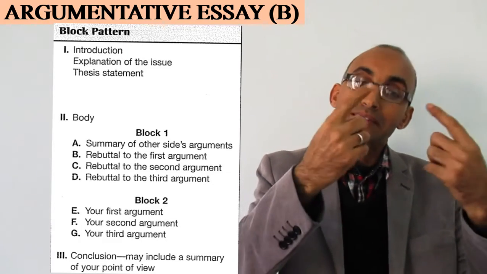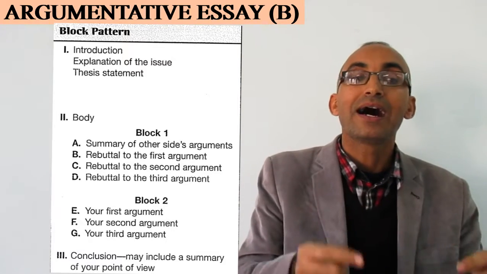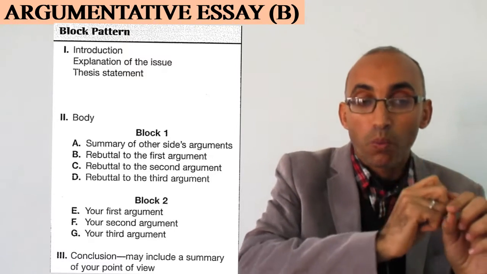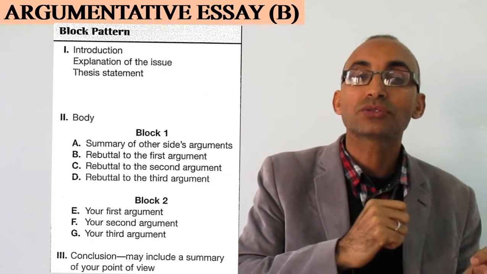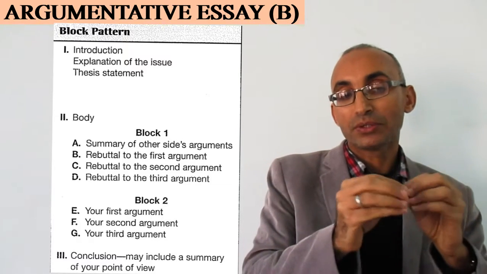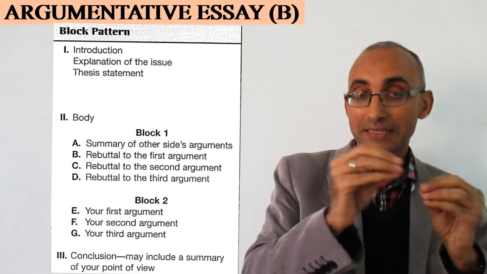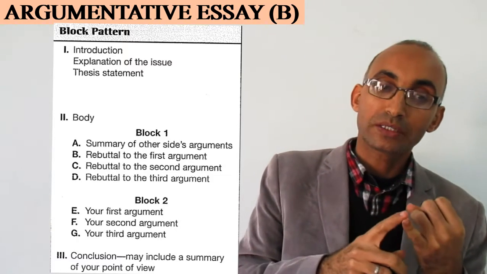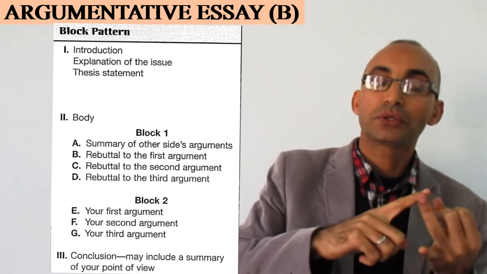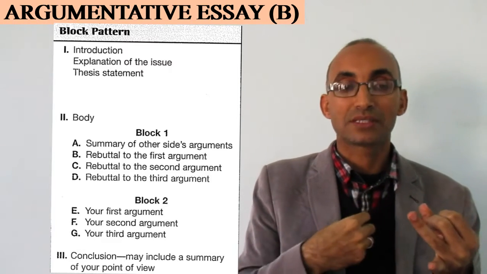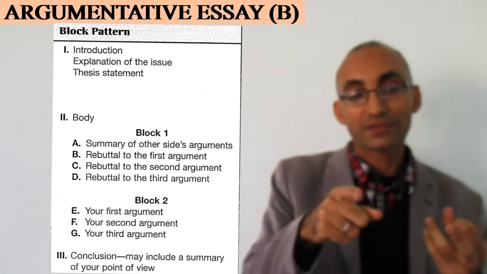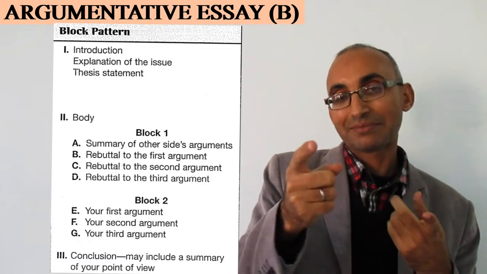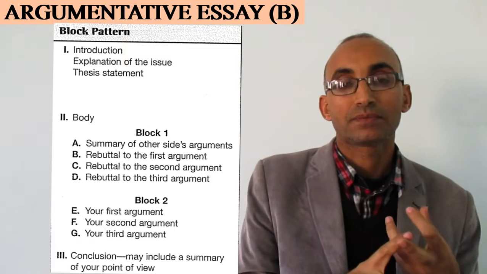Then in the same block, the same paragraph, I rebut or refute these arguments one by one with my own counter arguments. I will rebut the first argument with my counter argument, the second argument of the other view with my counter argument, and then the third argument with my third counter argument. This is the first block.